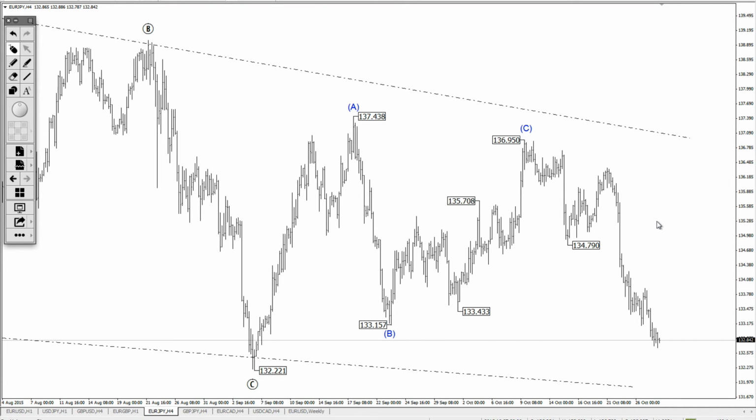But like I have talked about before, with these triangle structures, the wave divisions can be very overlapping. So maybe there isn't a good trade here. But pip-wise, there is a large move to be expected. Let's see how this develops and make our judgments when we see the turnaround in Euro Yen.